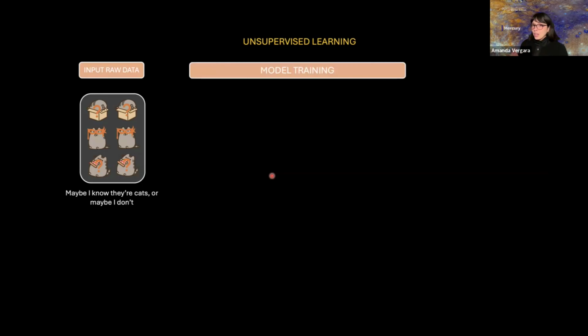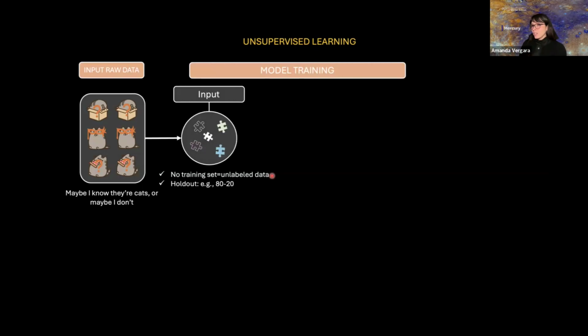So for the model training, or as I like to call it, the model fitting, because you're not training since you don't have a training set, you're working with your unlabeled data. You do the same thing as in the supervised learning: you take a portion of the data set for evaluation.